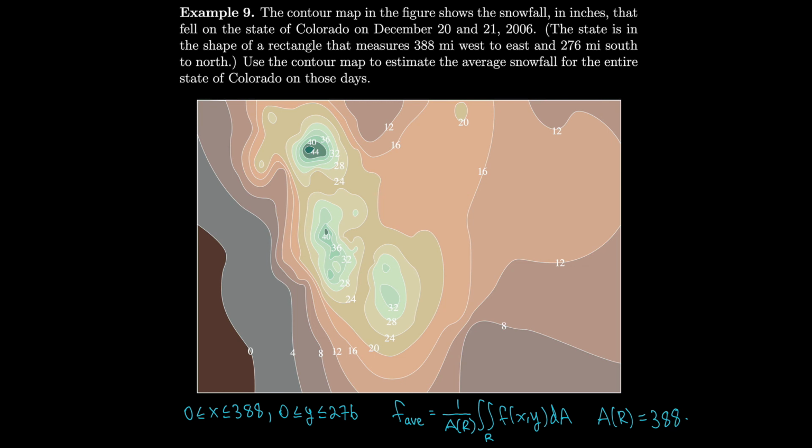388 times 276. Okay, how about we break this up into subrectangles and use our midpoint rule. So how about we do a 4x4, so we'll do 16 of these guys. So I'll cut it in half first, and then I'll cut it in half again, and then I'll cut it in half again.